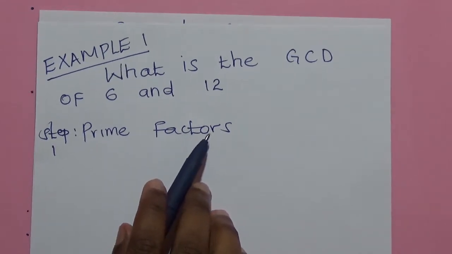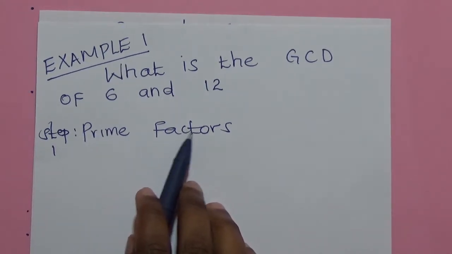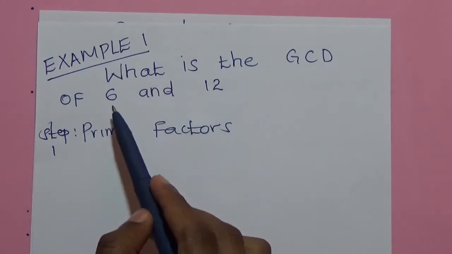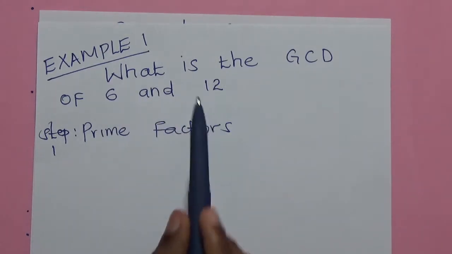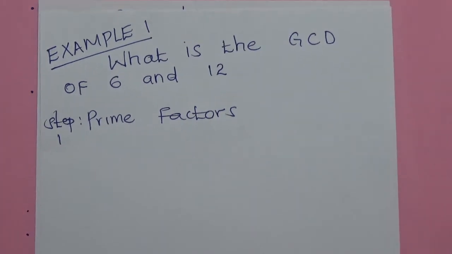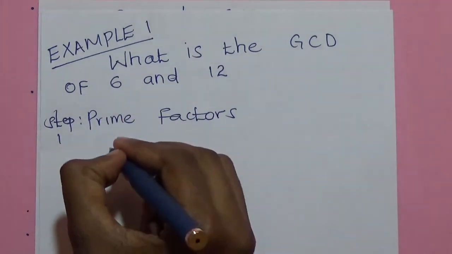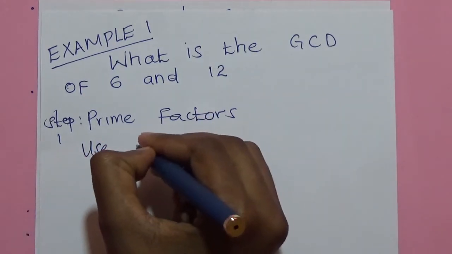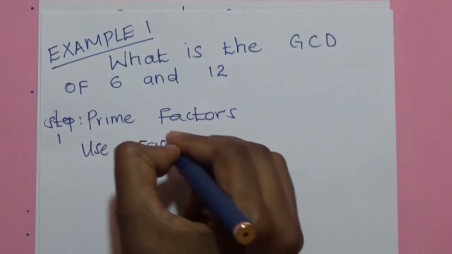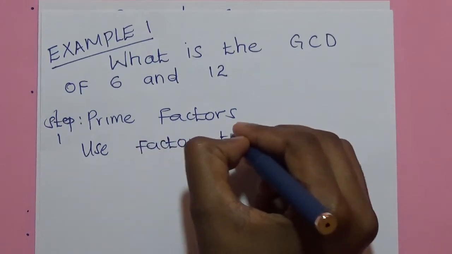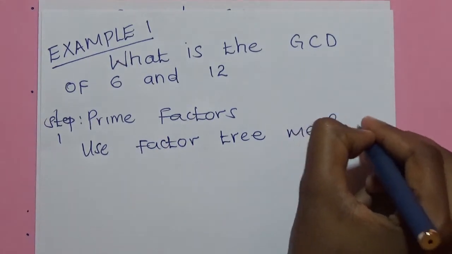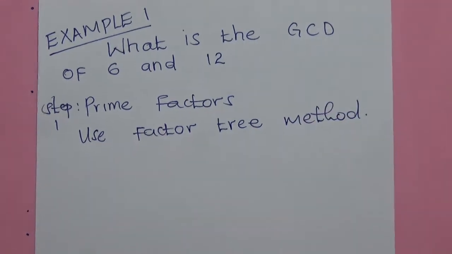We have learned how to find the prime factors. In this case, we have two numbers which are 6 and 12. So we are going to use the factor tree method which we have looked at. So that is step number 1.